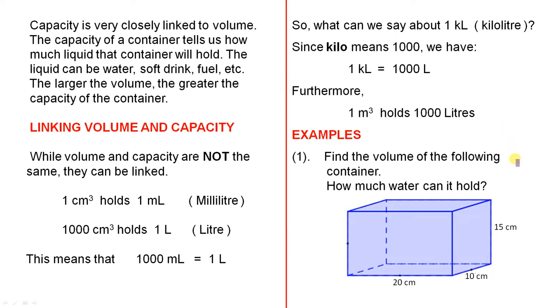Find the volume of the following container. How much water can it hold? So this is like a rectangular prism. Just pretend it's a rectangular prism and it's a container. 20 centimetres long, 10 centimetres wide and 15 centimetres high.